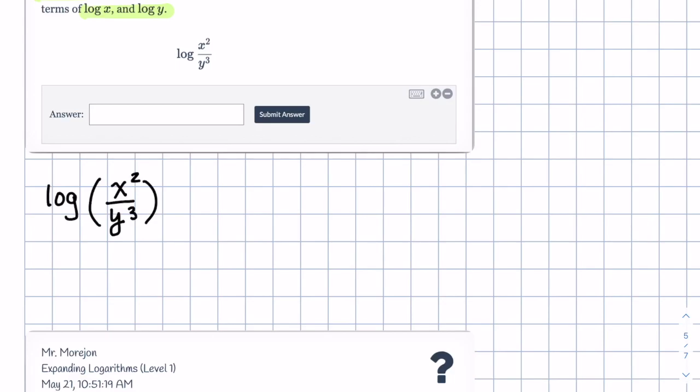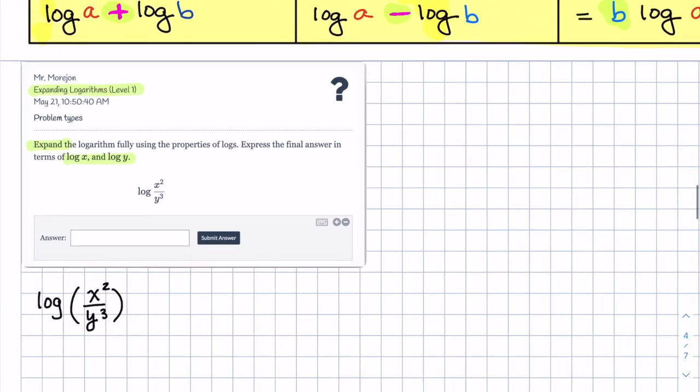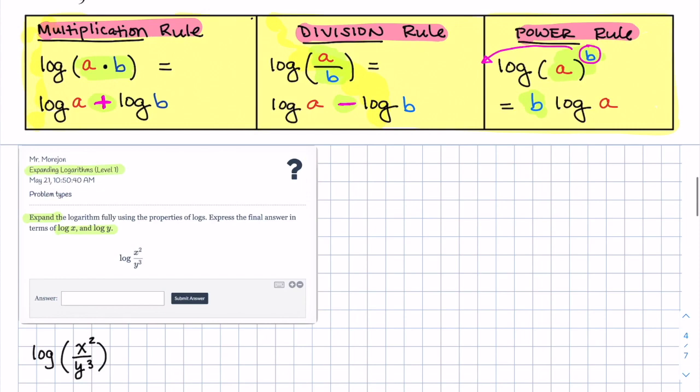Okay, so first thing is I would go to my log rules, and I would ask myself, what structure does this look like? Does this look like something multiplication rule? Does it look like something division rule? Does it look like something power rule? And I think you might be able to tell that it definitely looks like this one right here, the division rule.